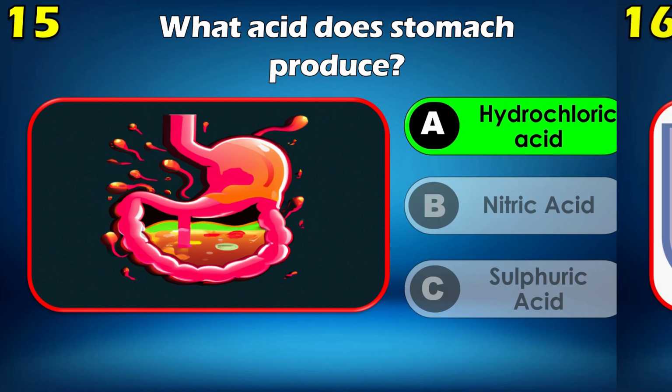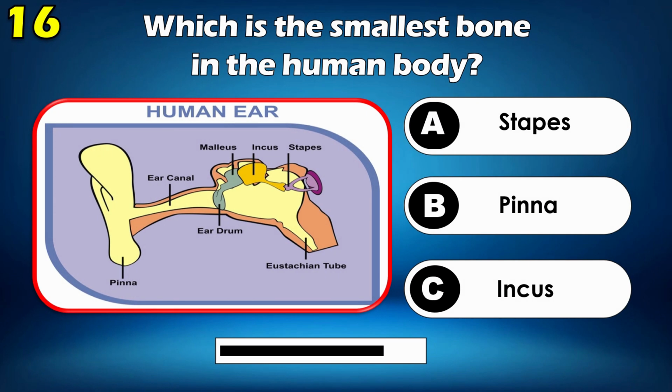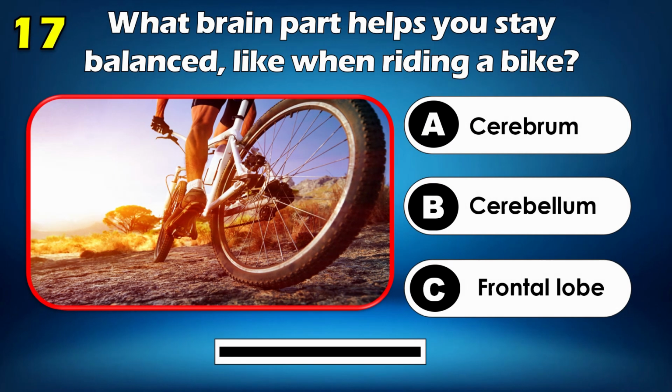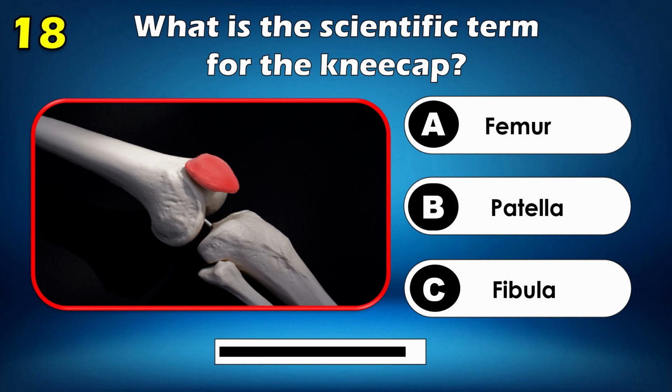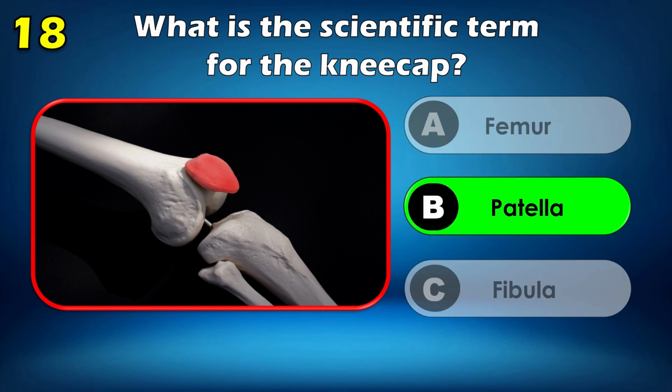Hydrochloric acid. Which is the smallest bone in the human body? Stapes. What brain part helps you stay balanced, like when riding a bike? Cerebellum. What is the scientific term for the kneecap? Patella.